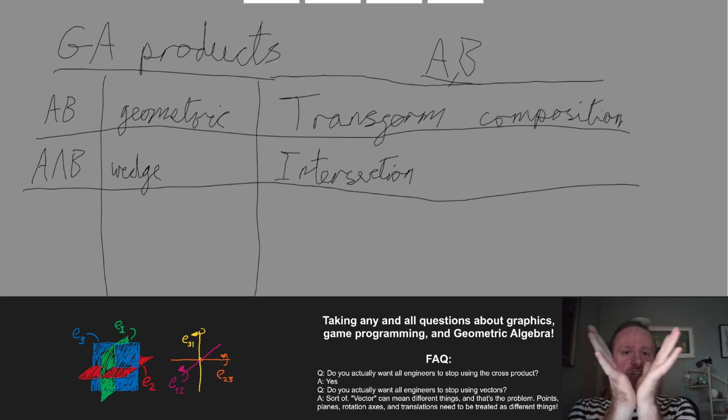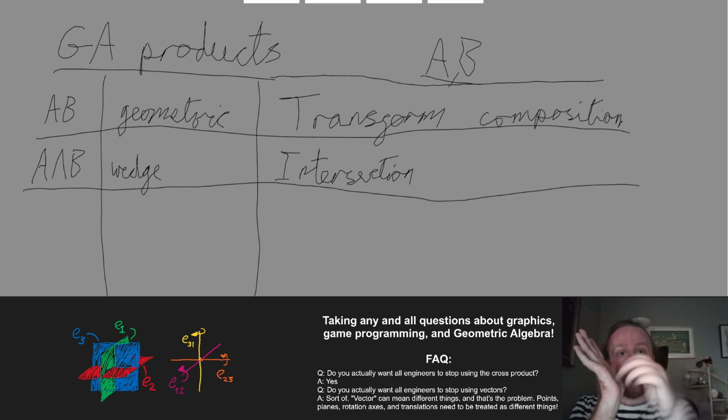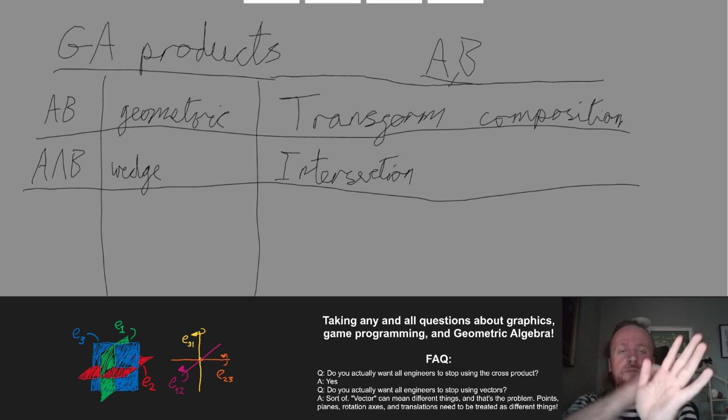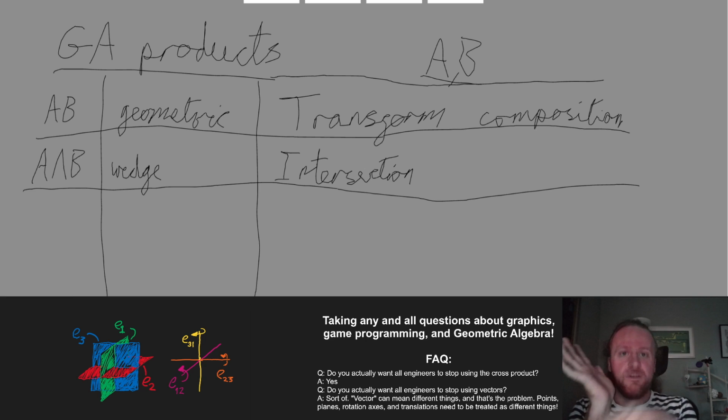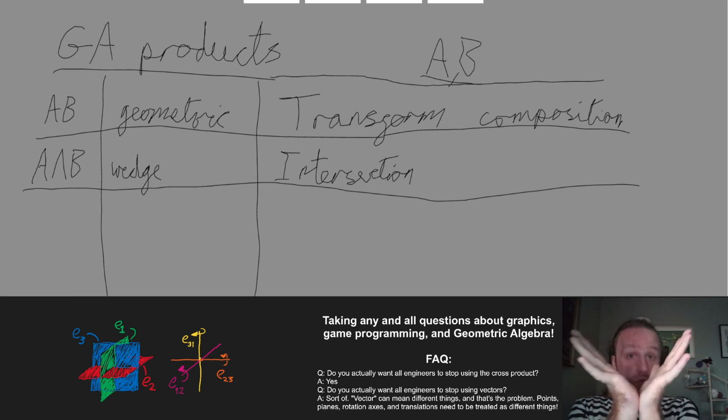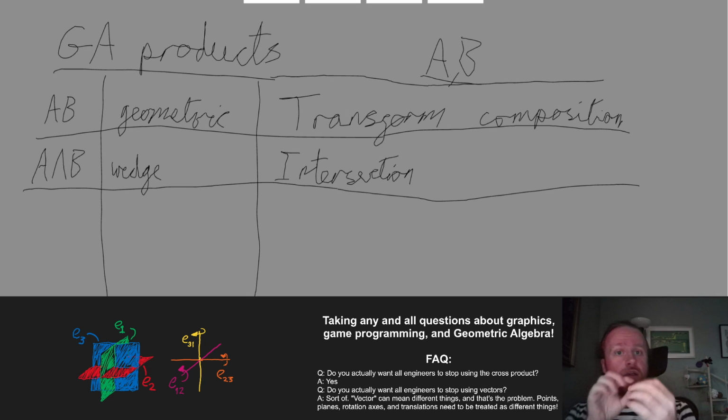Reflection followed by another reflection where the planes are at an angle will always give you a rotation, and the rotation will be around the line where the two planes meet. And so that's why the wedge product, the intersection operation, is found as part of the transform composition operation.